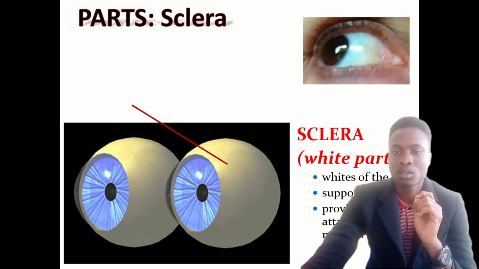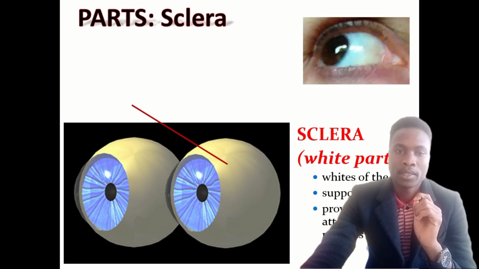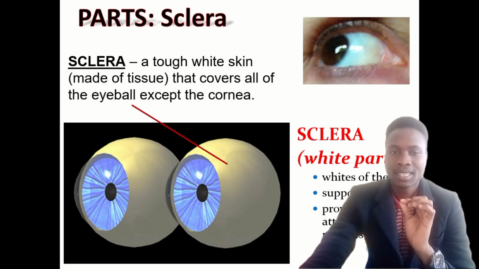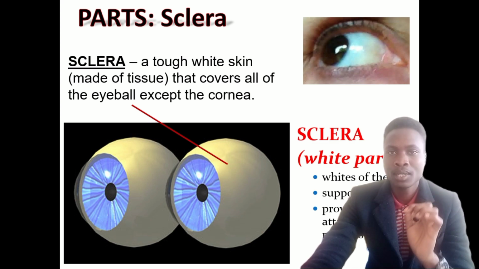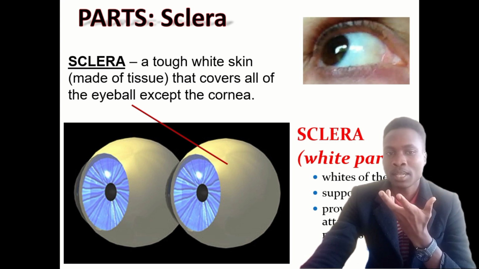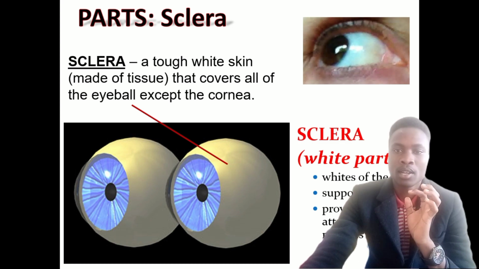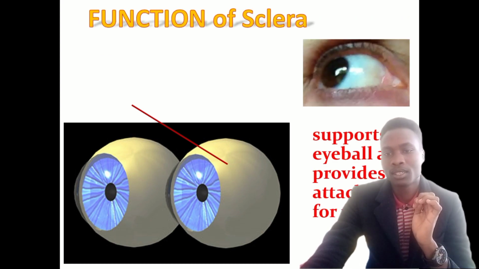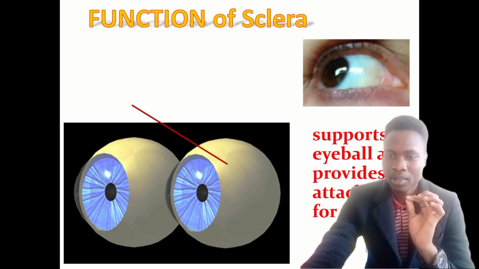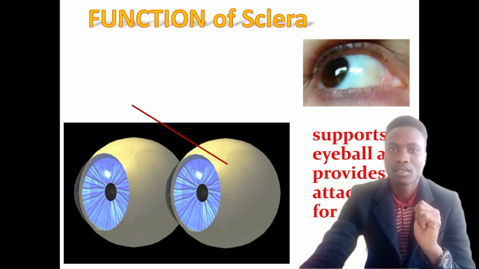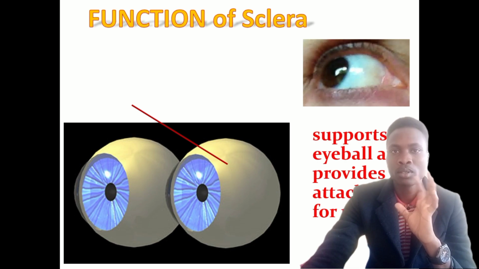It is a tough white skin made of tissue that covers all the eyeball except the cornea. Now let's look at the functions of sclera. It supports the eyeball and provides attachments of muscles. We have muscles in the eye that allow you to position the eye.